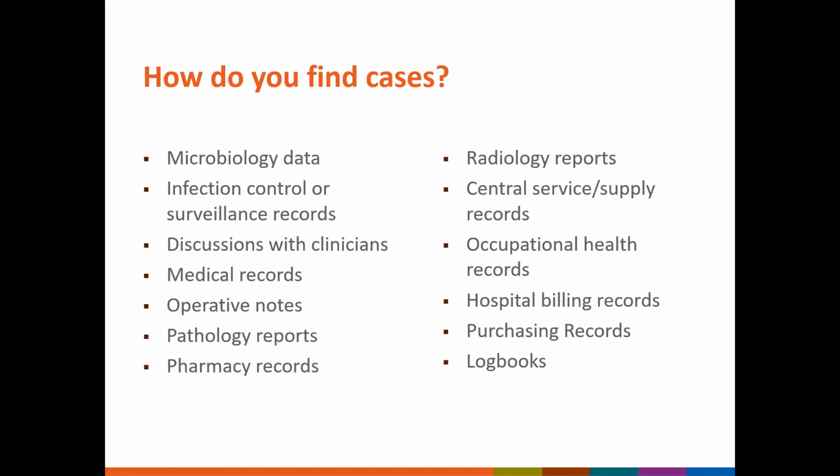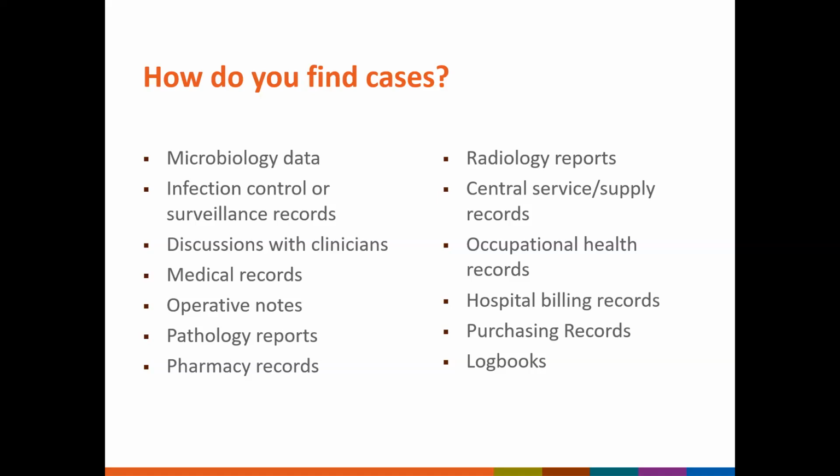You can go through the operative notes and see if something happened during infusion of a particular antibiotic or IV fluid during the surgery. Pathology reports, pharmacy records, radiology reports, and central service supply records are also helpful, because there might be increased use of a particular item, or a particular supply with an infective source that might be the reason for transmission to many patients.